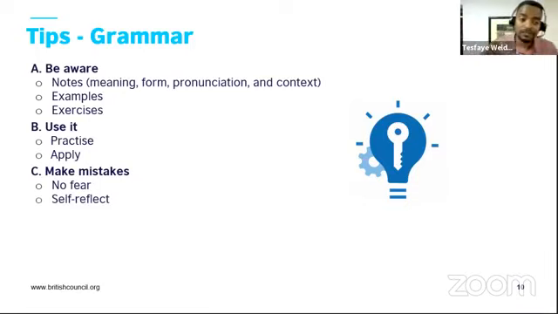And as part of learning your grammar, and making sure that you make progress, it's important that you self-reflect. So what I used to do is, if I said, for example, I have been to Awassa yesterday, and I hear someone paraphrasing, saying, "So you've been there? So you were there yesterday?"